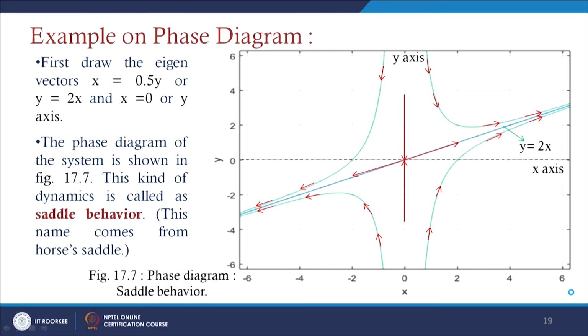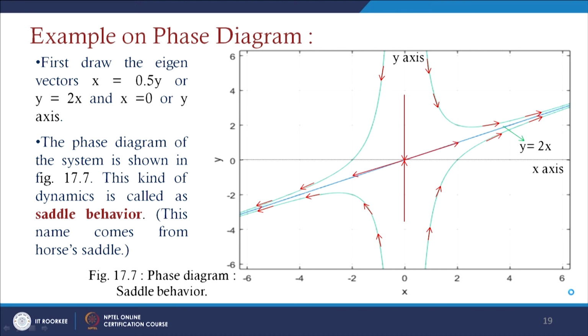So, if you draw the phase diagram here, first draw the eigenvector for x equals 0.5 y, which means 2x equals y, or y equals 2x, and x equals 0, the y axis, are the lines presented here.